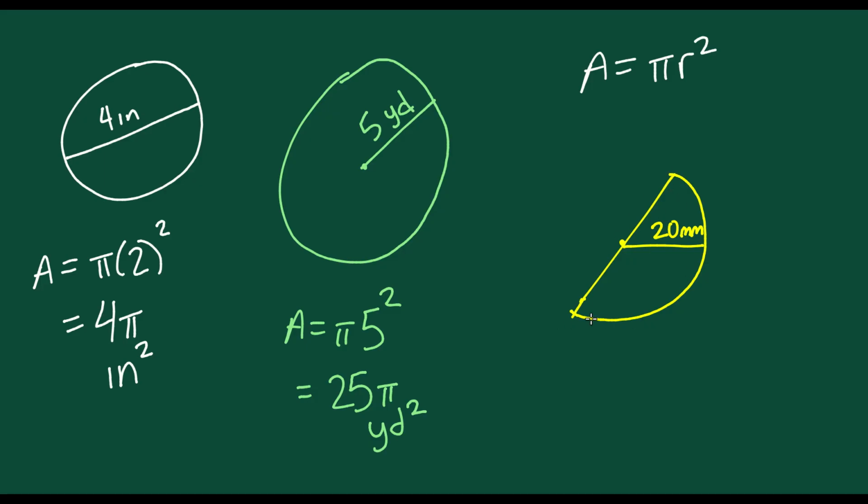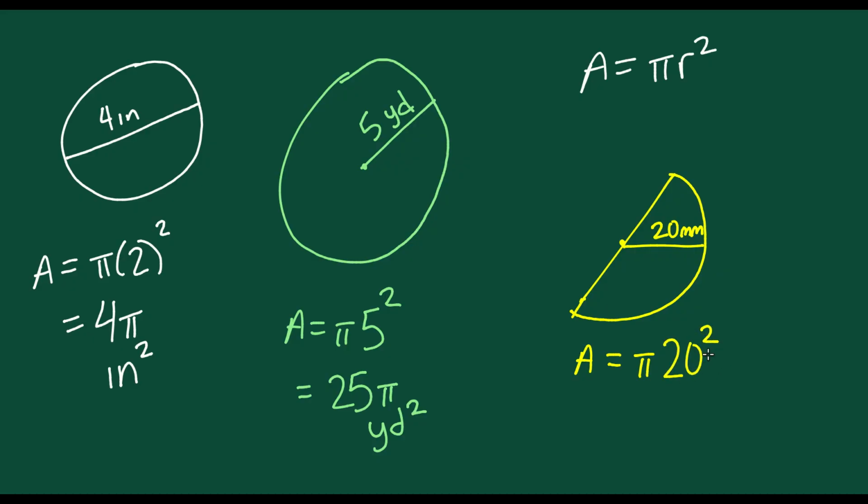A semicircle is half of a circle, and the radius is 20. If we plug into the formula, this area would be pi times 20 squared.